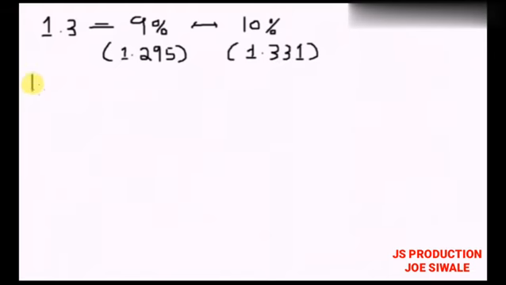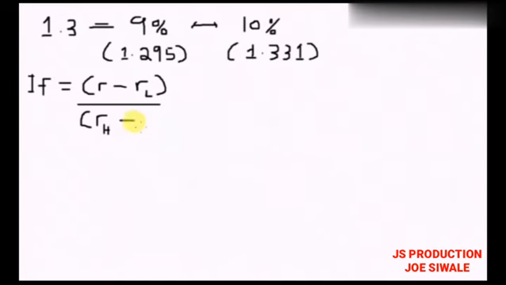Writing up the formula, I'll say IF is equal to R minus R on the lower part, divided by R on the higher part minus R on the lower part, multiplied by IF on the higher part minus IF on the lower part, plus IF on the lower part.